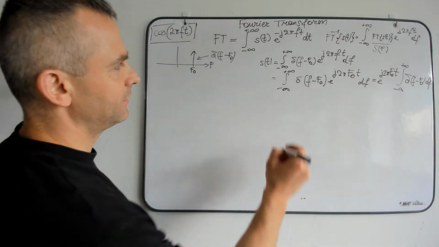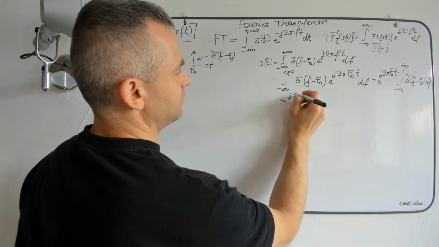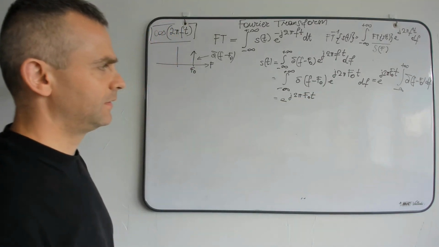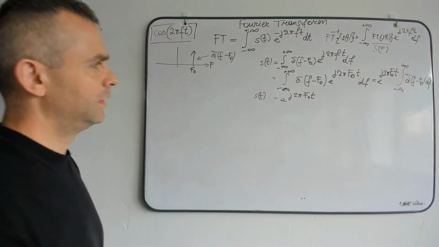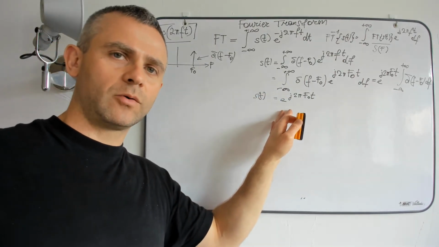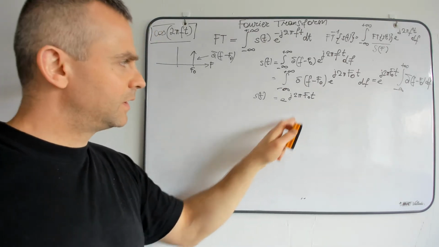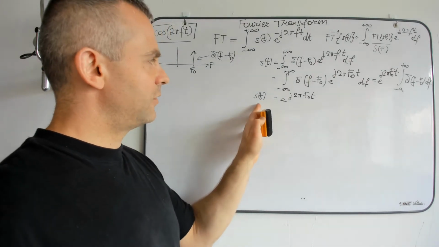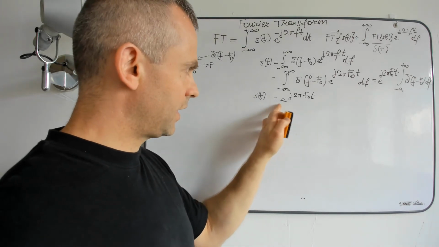So my final value is exponential of j 2 pi f0 t, which now is no more a constant, because we are now in time domain and our variable is t, so we have a function.